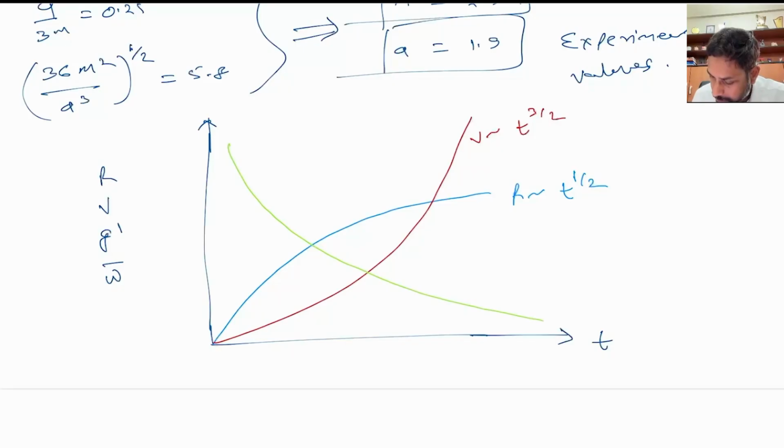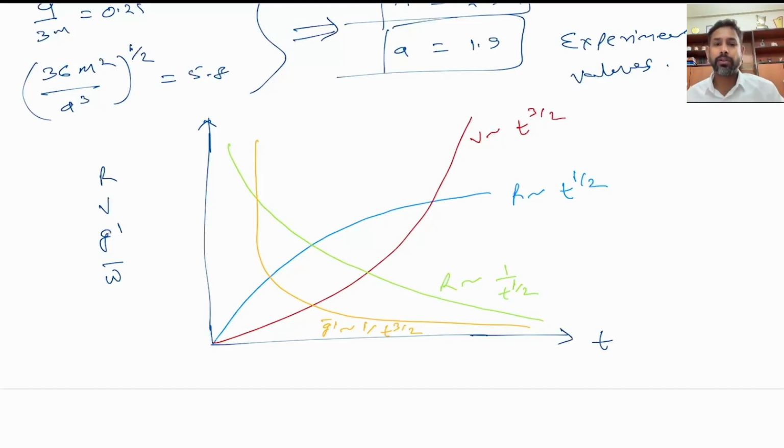So this is how your velocity will decrease, and here we can also try to plot how your g prime bar will decrease with t to the power 3 by 2.